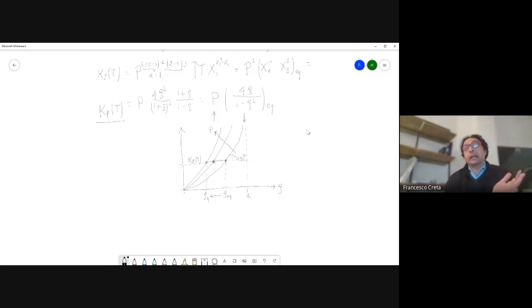Now, mathematically, I hope it's quite clear. I mean, you can't escape from this definition here. If you want to keep this constant because the temperature is constant, then clearly if you change the pressure, you're going to have to change the value of equilibrium of psi.